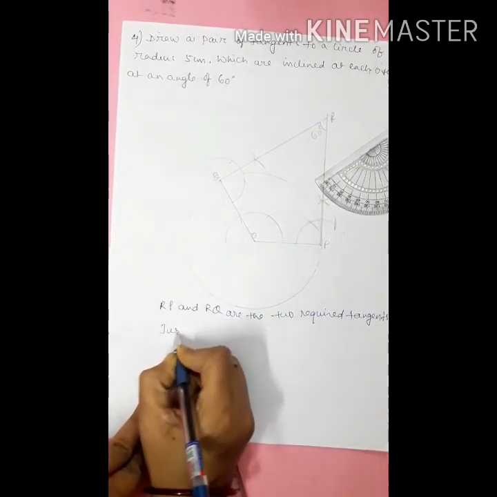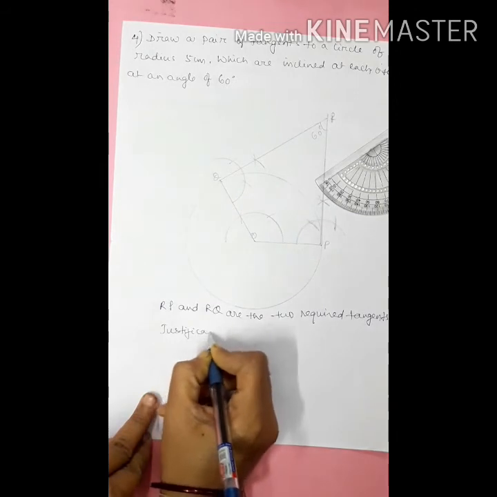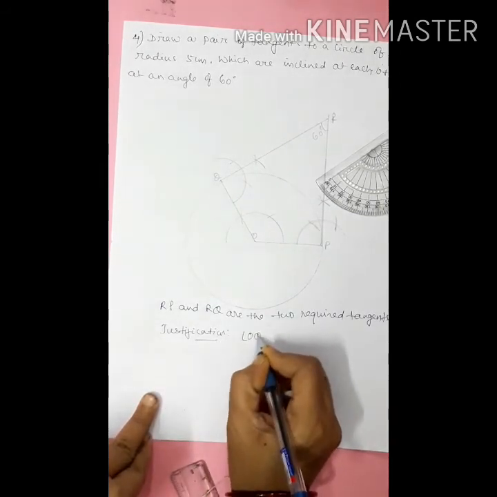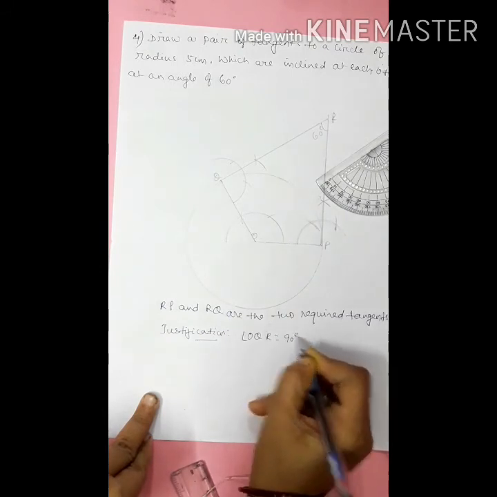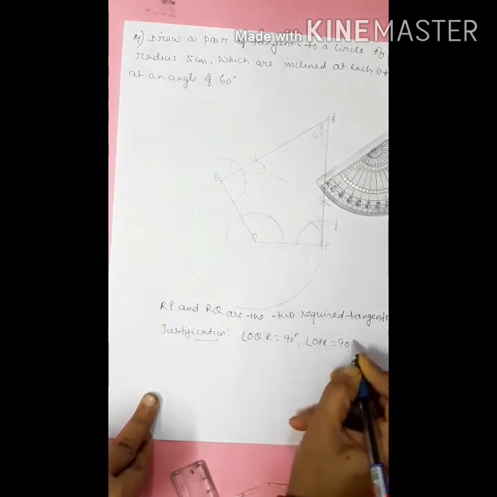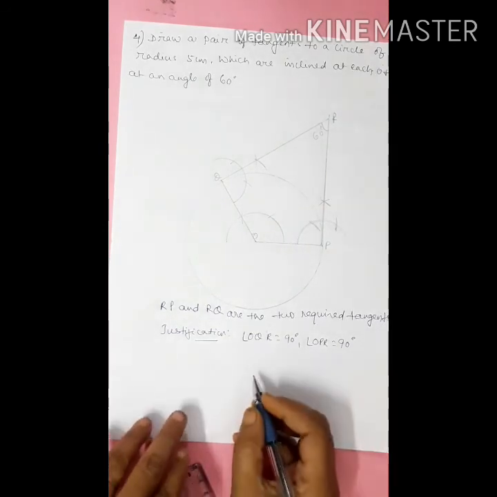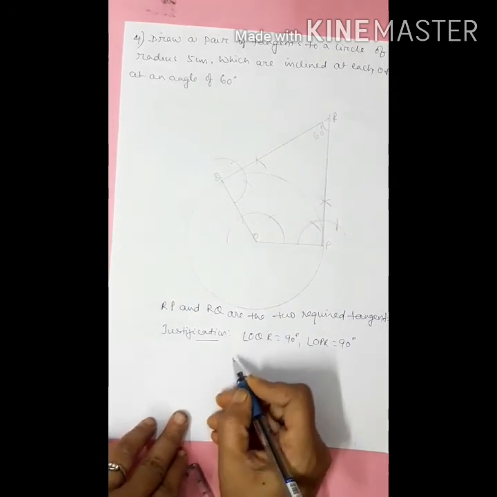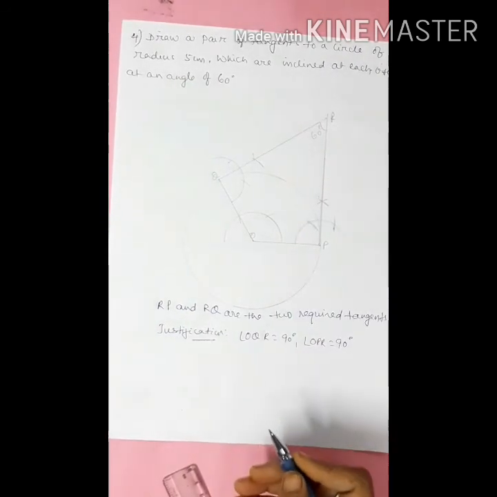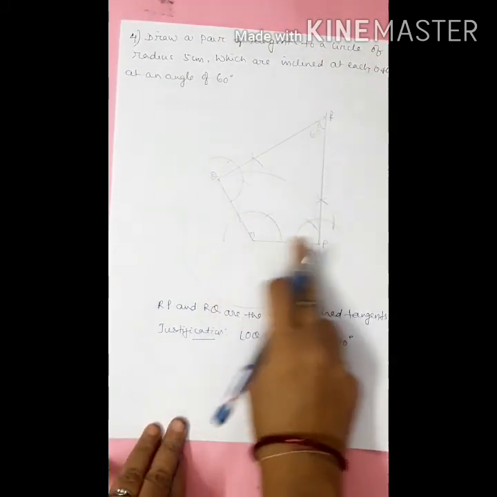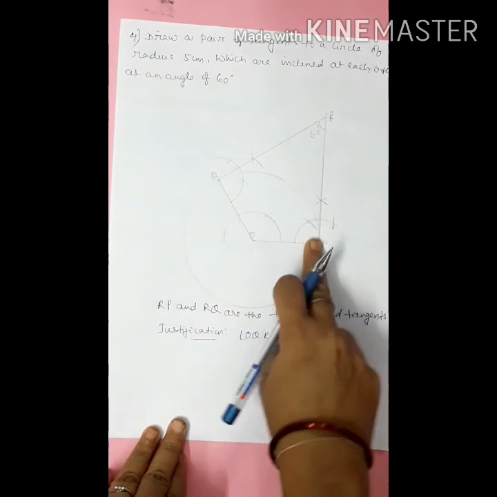Justification. That is, angle OQR is equal to 90 degree and angle OPR is also 90 degree. Opposite angles are here, so it becomes a cyclic quadrilateral. So opposite angles are 180. This is the kite, because in a kite adjacent pairs of sides are equal.